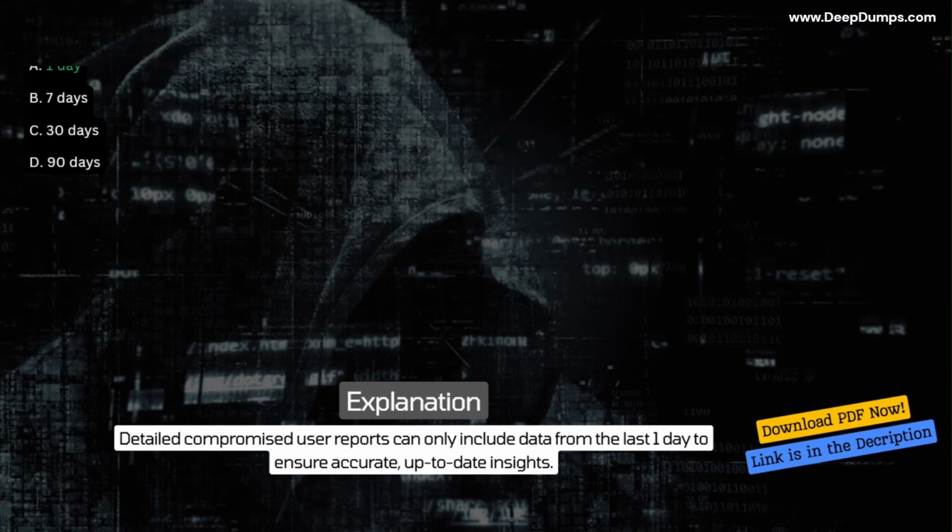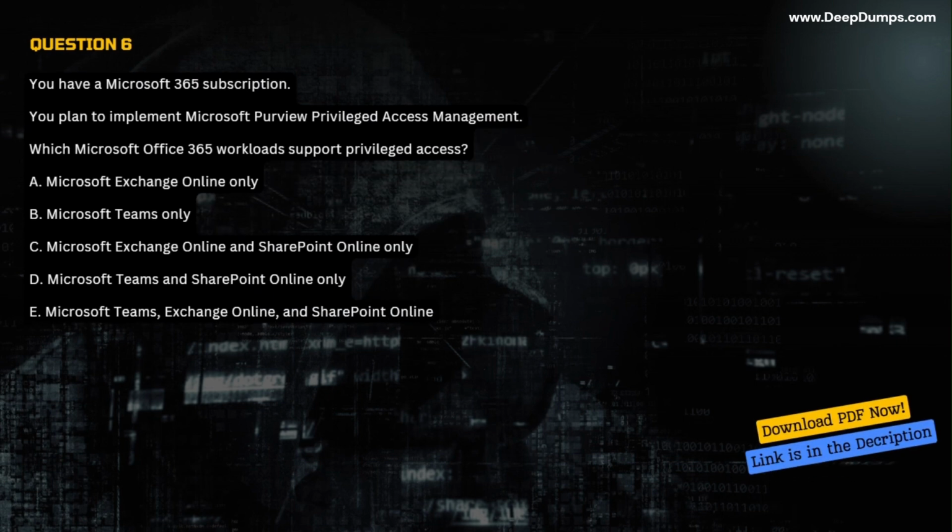insights. Question 6. You have a Microsoft 365 subscription. You plan to implement Microsoft Purview Privileged Access Management. Which Microsoft Office 365 workloads support privileged access? A. Microsoft Exchange Online only.